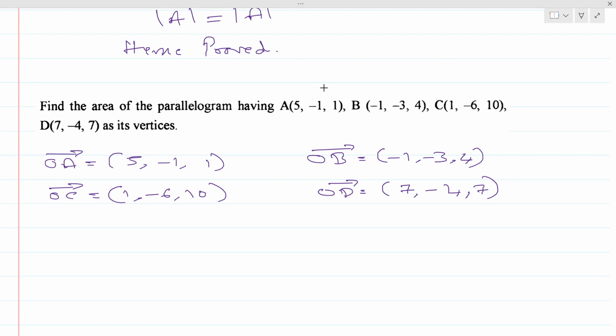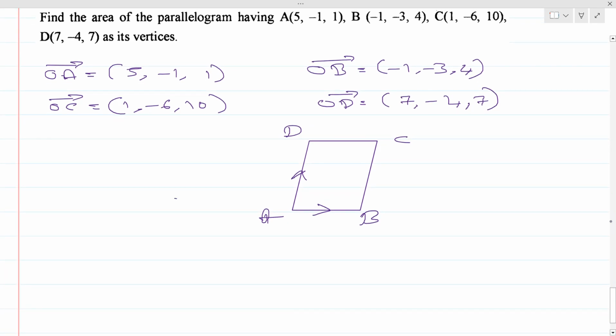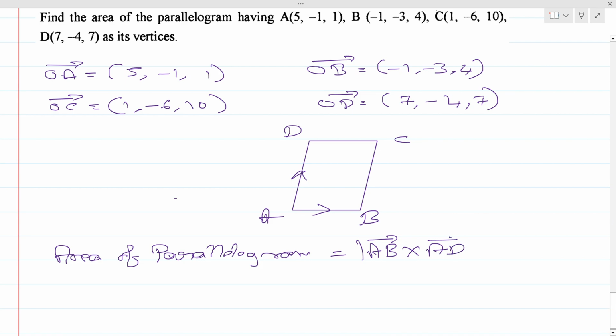If I consider a rough parallelogram A, B, C, D, so if I want to find the vectors AB and AD, the area of the parallelogram is the magnitude of the cross product of the vectors AB and AD, that's the adjacent two sides.